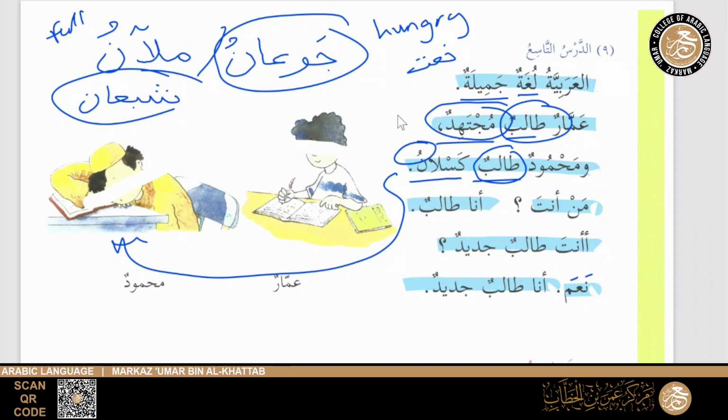So if you pay attention, kaslan, jaw'an, shab'an, mal'an, they all sound the same. So when words all sound exactly the same in the Arabic language, they're called a wazn, a pattern, that they're following the same pattern.